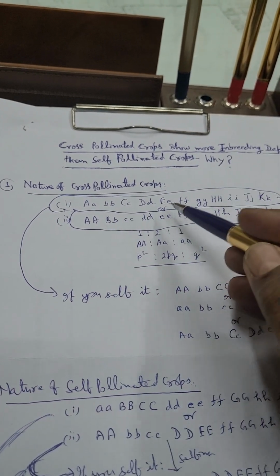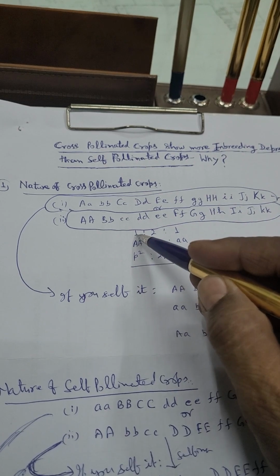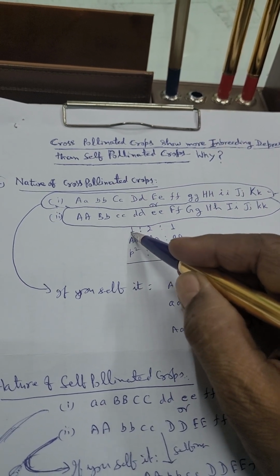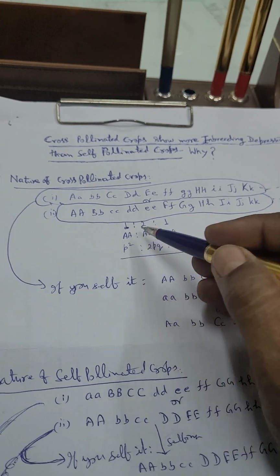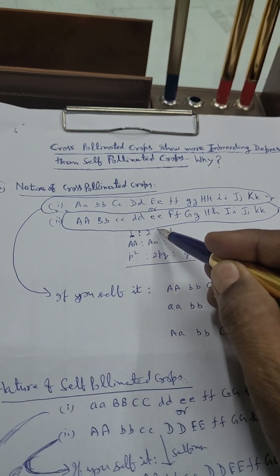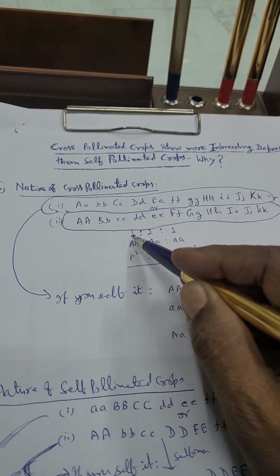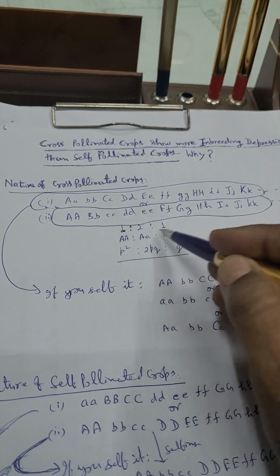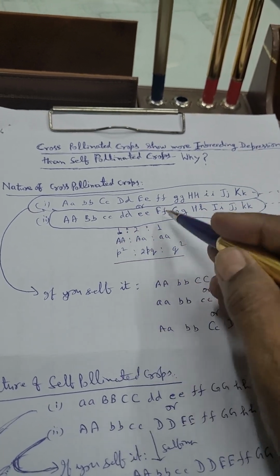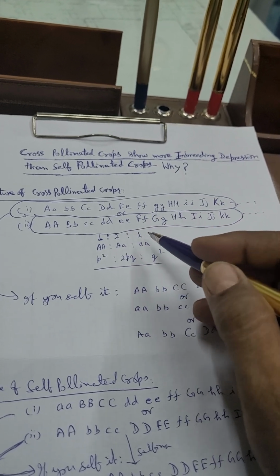The majority of the loci are in heterozygous condition, and if you maintain the Hardy-Weinberg equilibrium, the proportion will be 1:2:1: capital A capital A, capital A small a, small a small a. This will be the situation of all types of genes in all loci present in cross-pollinated crops.